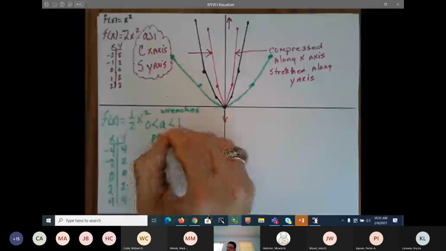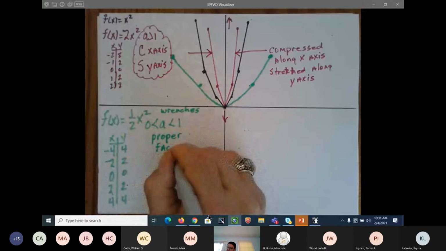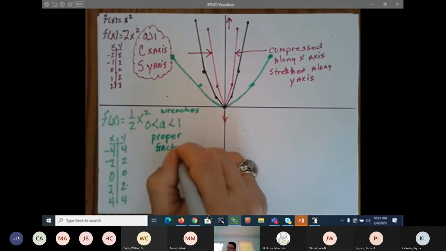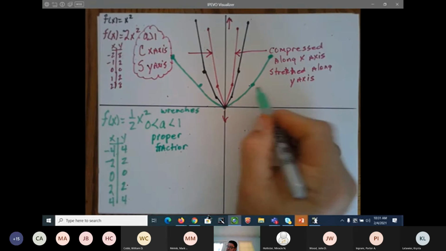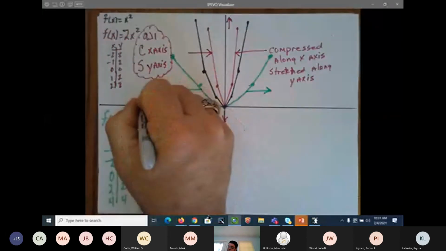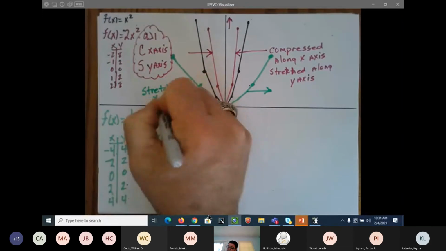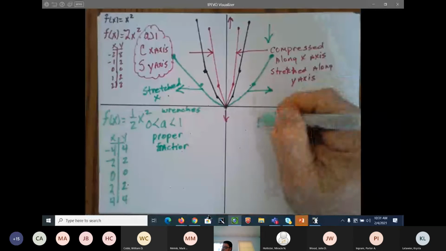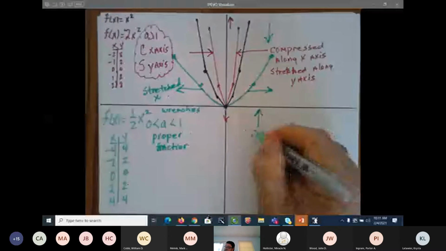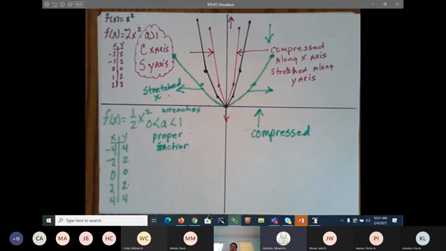If you have a proper fraction as A, what's happening along the x-axis? It's being stretched along the x-axis. And what's happening on the y-axis? It's widening. It's being what? Compressed. It's being compressed. Now you need to write that down.